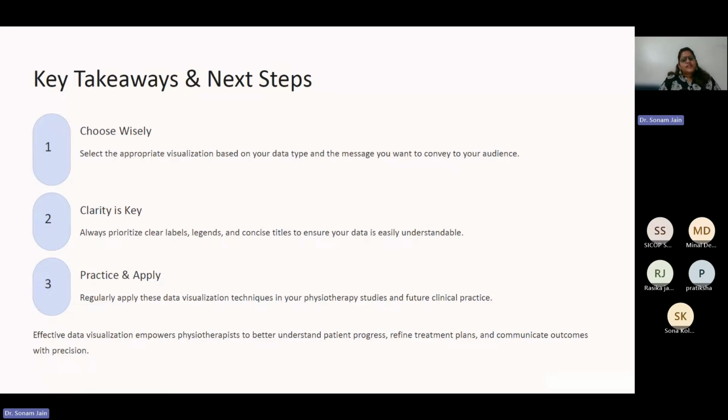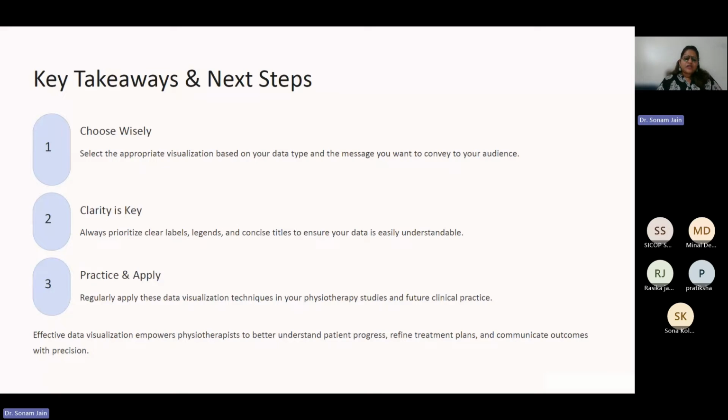There are so many options available, but what is best for your audience and the type of data you have, that you should know. Clarity is key. Whenever you have figures, always have clear labels, legends, and titles so that your data is understandable just by your figure or by your table.